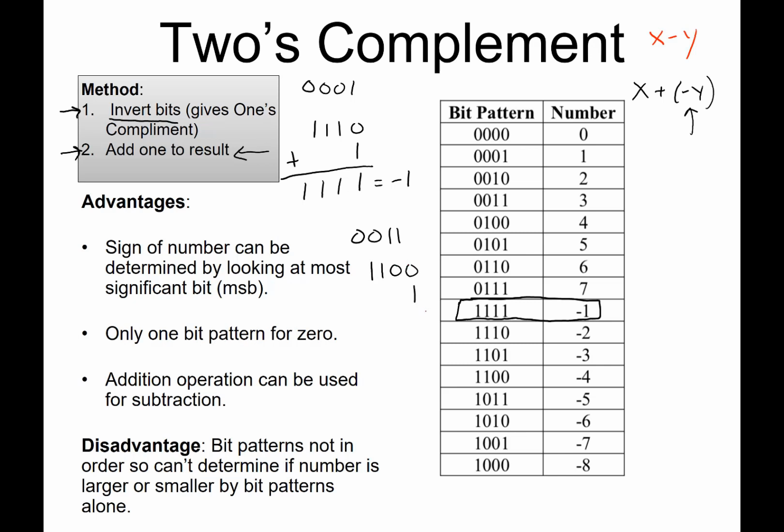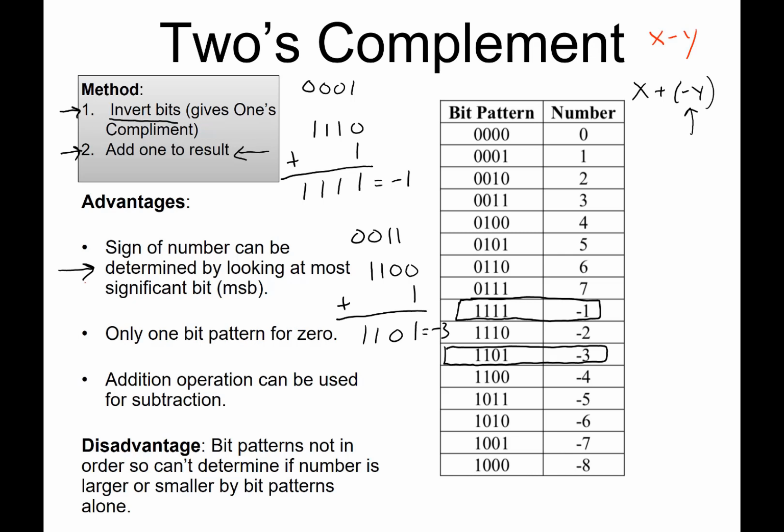And then we're going to add 1 to that result. So this is 1101. And this is equal to -3. So if we look at this chart, -3 is 1101.